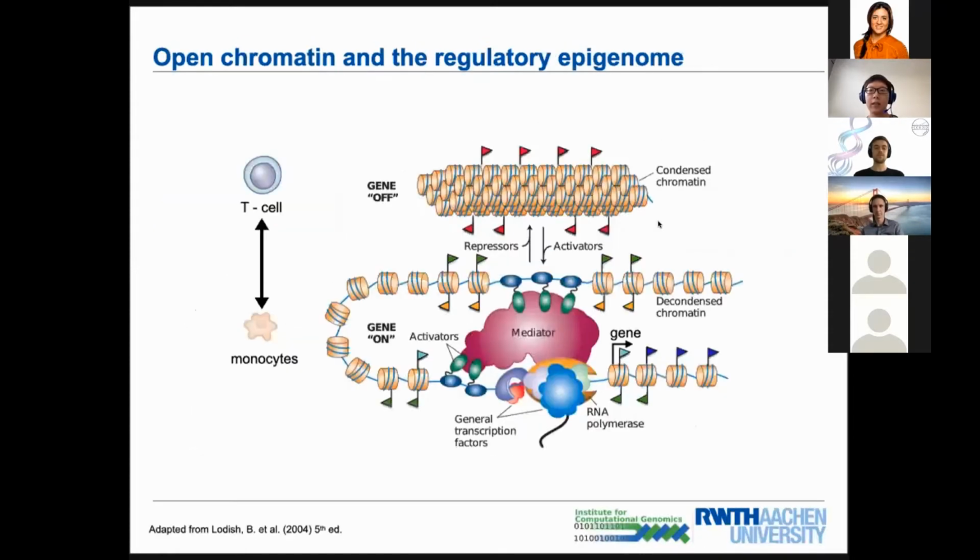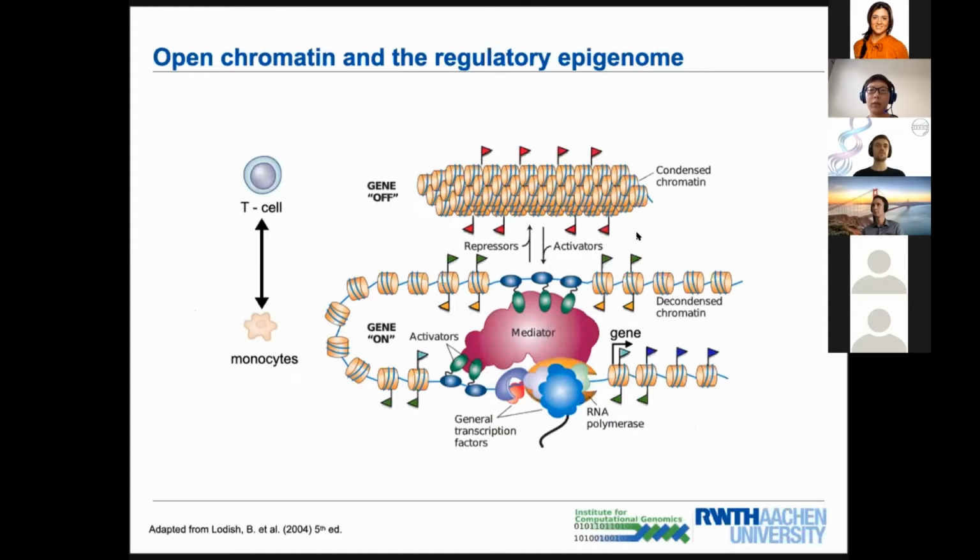On the other hand, as we know, chromatin accessibility plays an important role in establishing and maintaining cellular identity. In this picture, we can see that gene expression is controlled by chromatin accessibility.